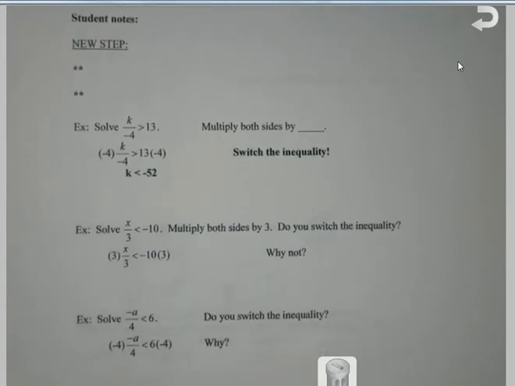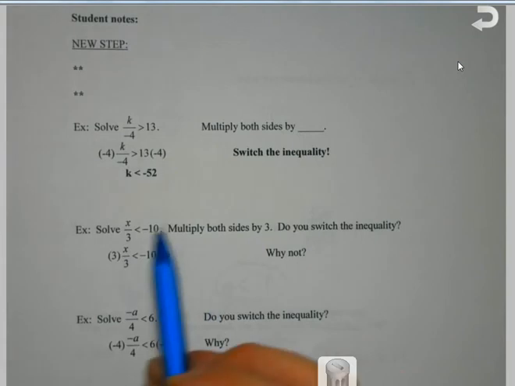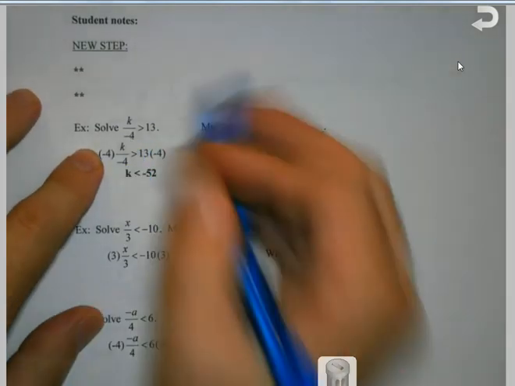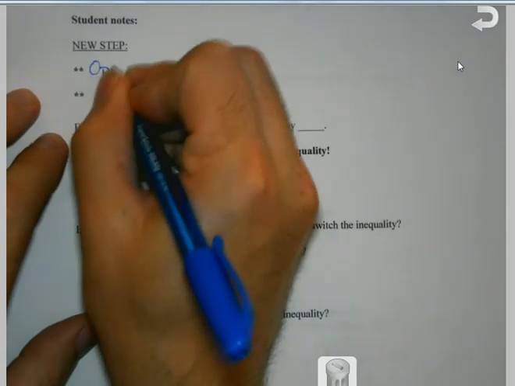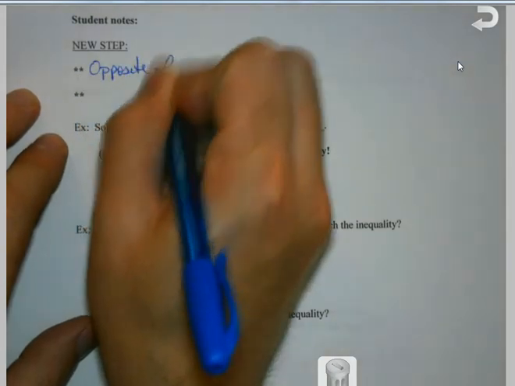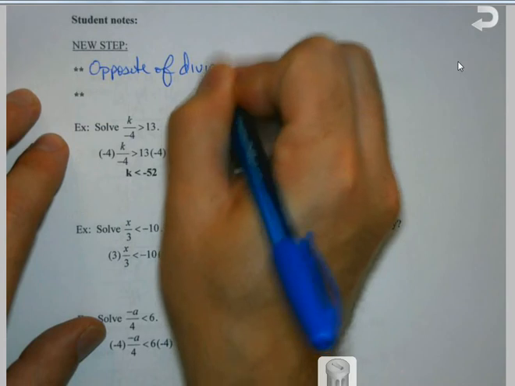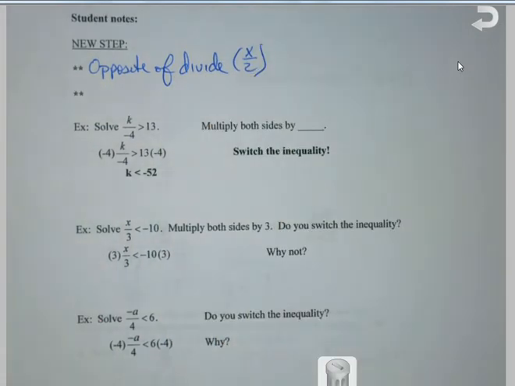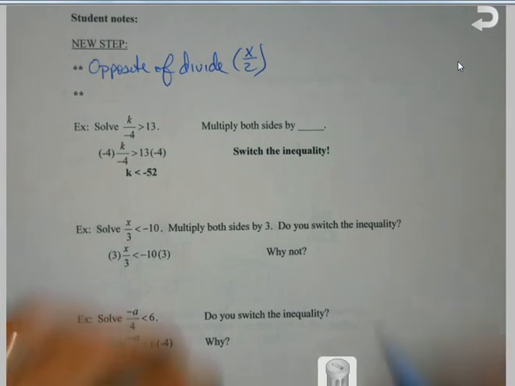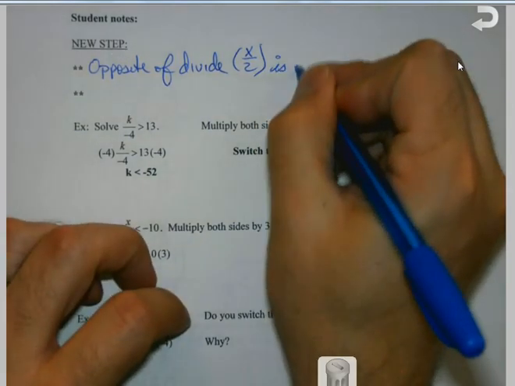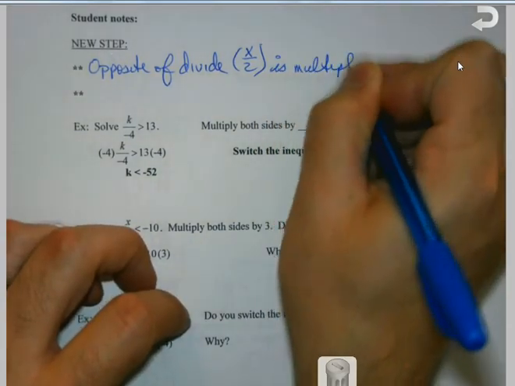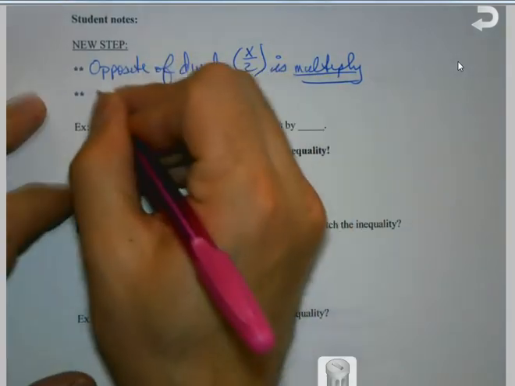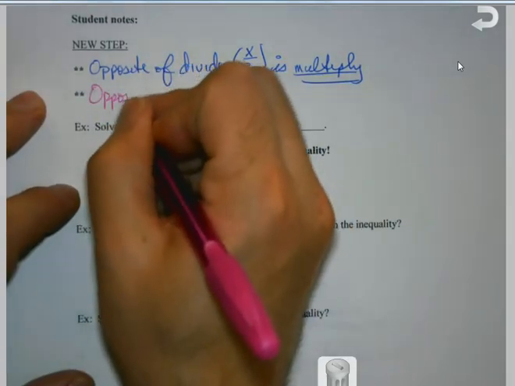So now I look and I go, okay, well, these are kind of done for me, but let's talk about this. If I'm dividing by 4, my opposite of divide, and that's like some number over x over 2, x over 8, whatever your variable happens to be, is to multiply.